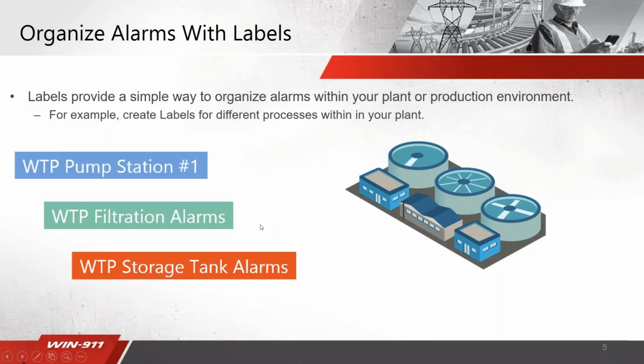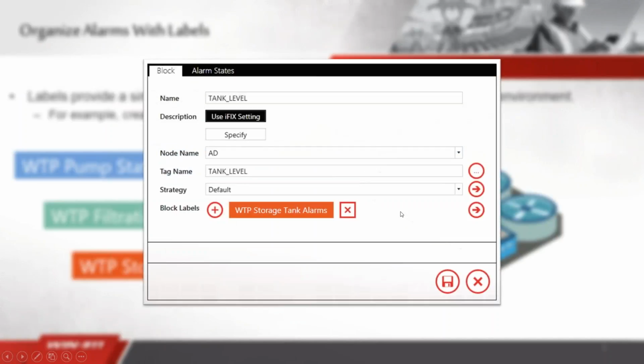If you know only certain operators are responsible for, in this example, pump station number 1, then create that pump station label. The same thing with filtration or a storage tank, or maybe you create it by site, different buildings, whatever fits your organization. Once you create these labels, you can assign them to alarms as you either define them one by one or import them.